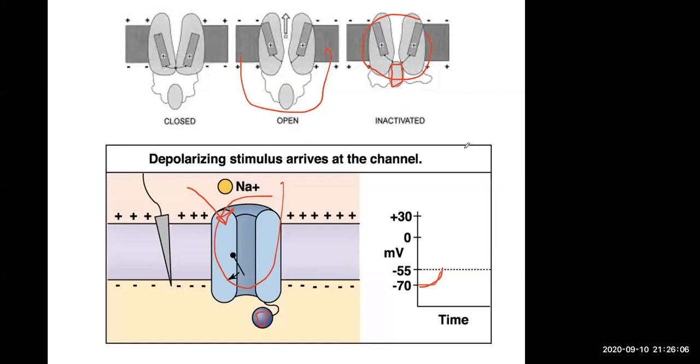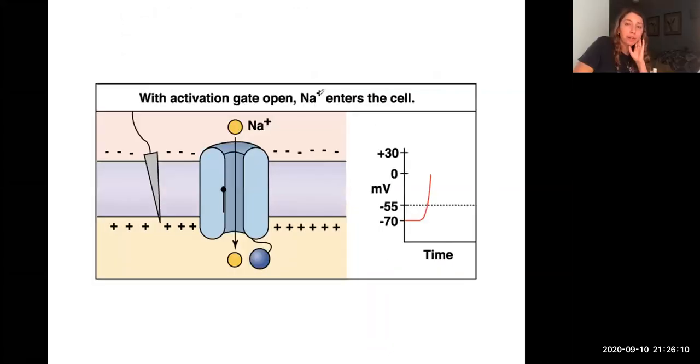Yes. All right, so with activation open, sodium enters the cell, and this depolarizes the cell and causes it to go all the way up to positive 30 membrane voltage. So everyone understand this one?